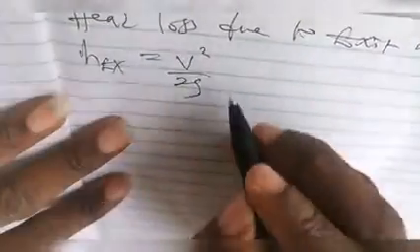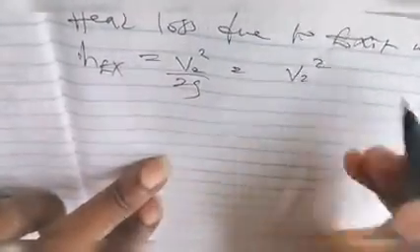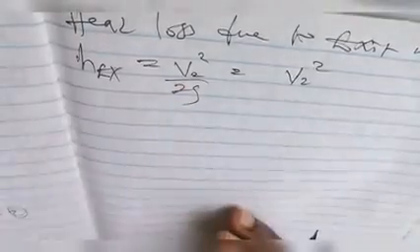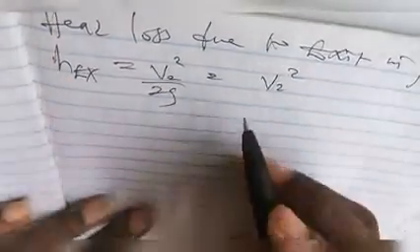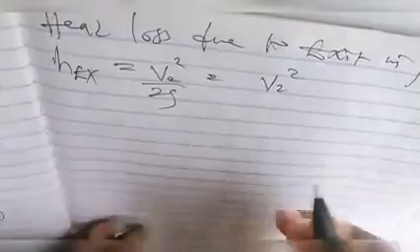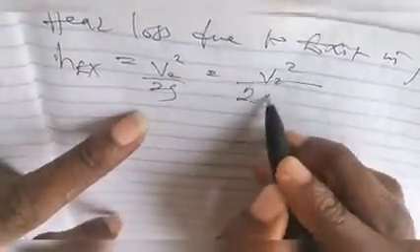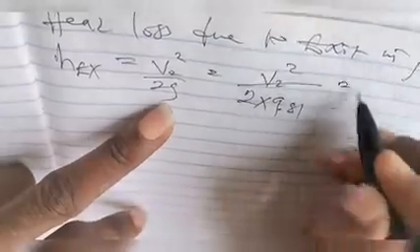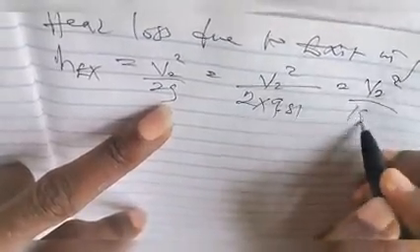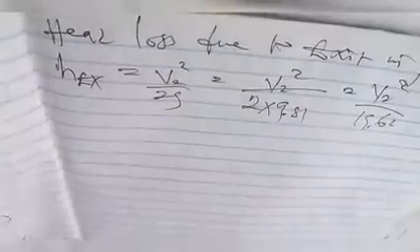So it becomes V2 squared. This is equal to V2, once again unknown. So we'll leave it like that, since we are solving all the head losses in terms of V1 over 2 times g, which is 9.81. This is V2 squared over 19.62. I think we've done this before.